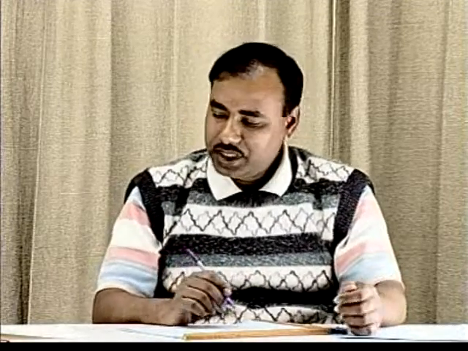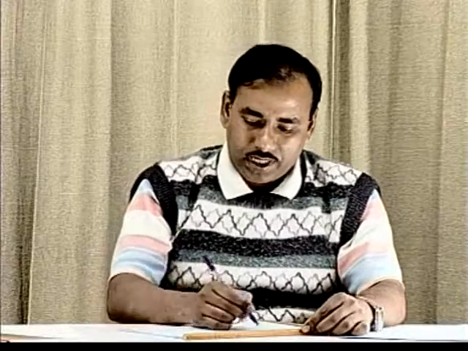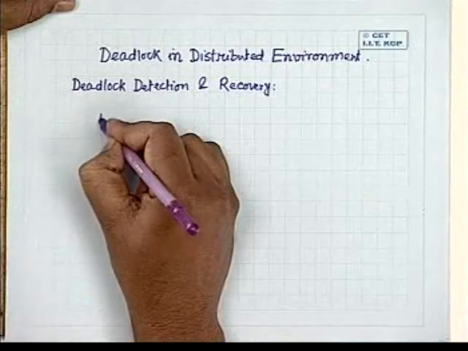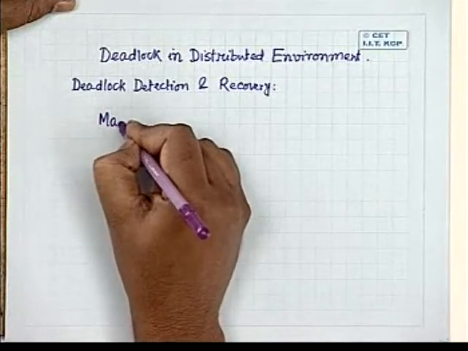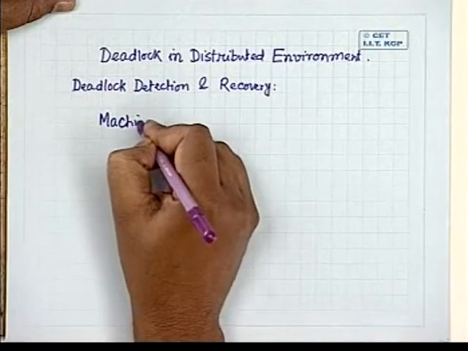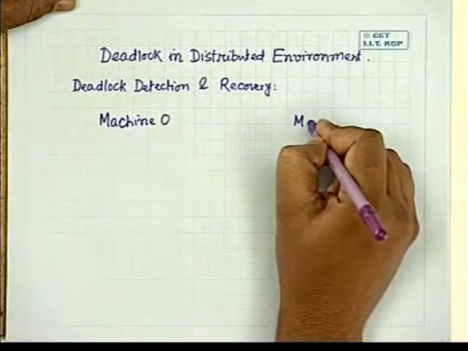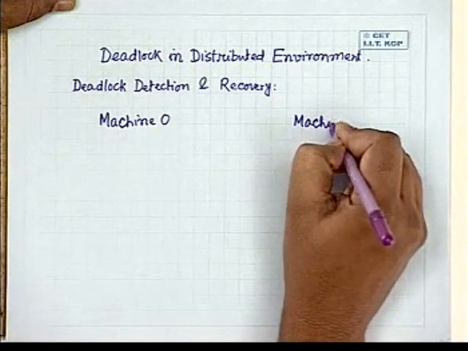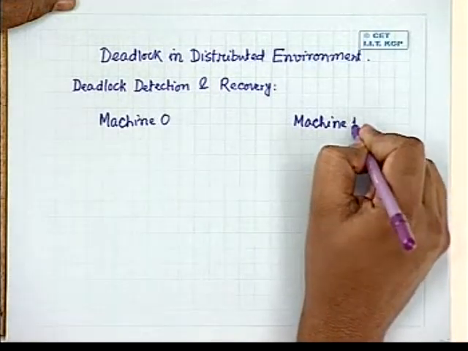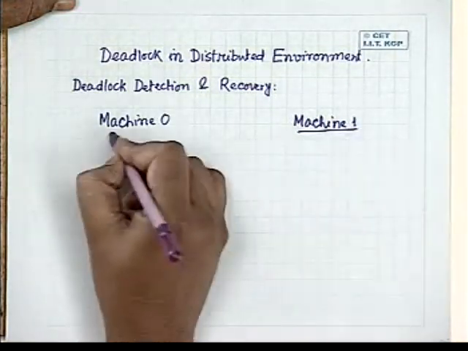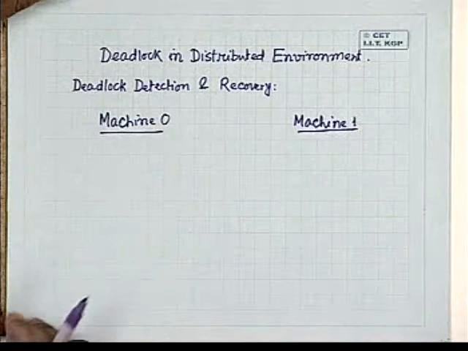Suppose in a particular system we have 2 machines. So we have machine 0 and we have another machine, machine 1. Okay.